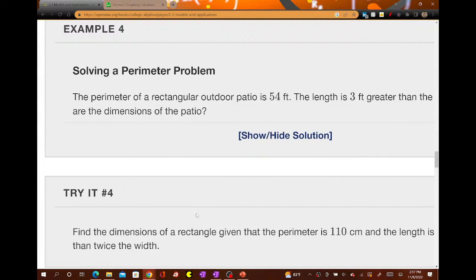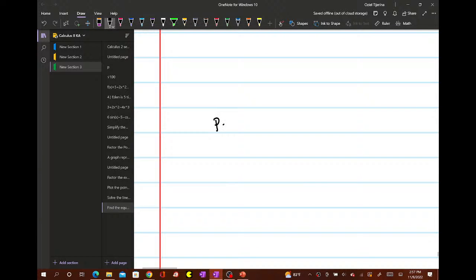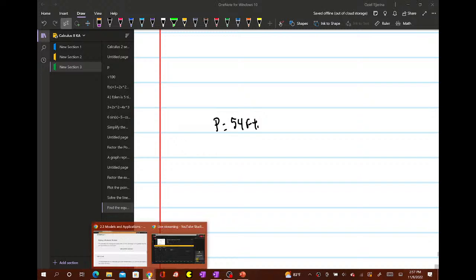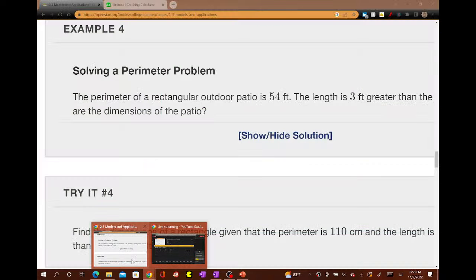The perimeter of a rectangular outdoor patio is 54 feet. So the perimeter is 54 feet, right? And we know that the perimeter is 2L plus 2W, okay? Where L is the length and W is the width.